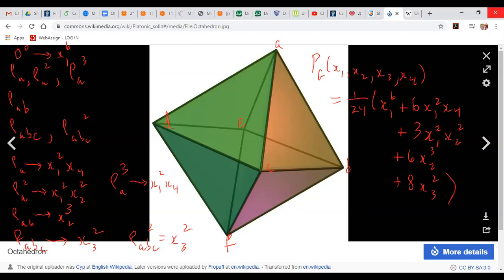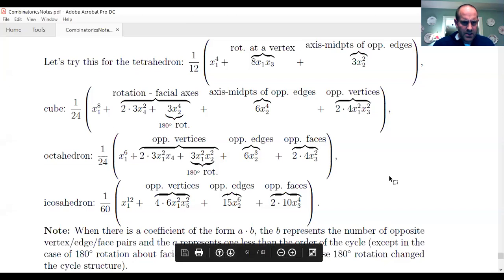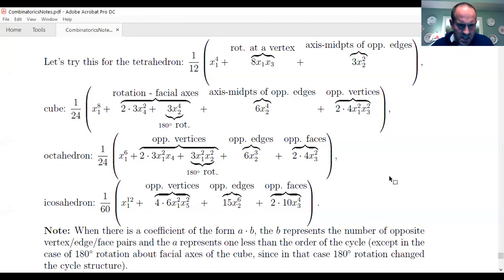Okay, so that is why this thing back over here is what it is. Indeed, we have x1 to the 6th. We have 6 x1 squared x4, right? Those come from all the either 90 degree or 270 degree rotations.